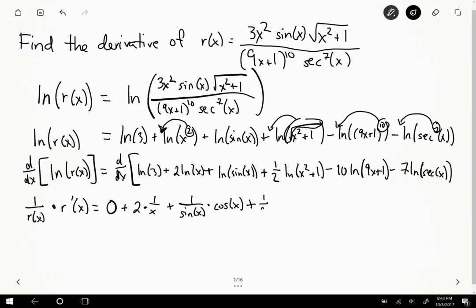Plus 1/2. Okay, natural log of x squared plus 1, that's going to be 1 over x squared plus 1. Right? Times, well, derivative of x squared plus 1 is just, well, the derivative of x squared is just 2x by the power rule, and the derivative of 1, that's just a constant, so that's 0. So that's just 2x. Minus 10 times, well, it goes 1 over 9x plus 1.